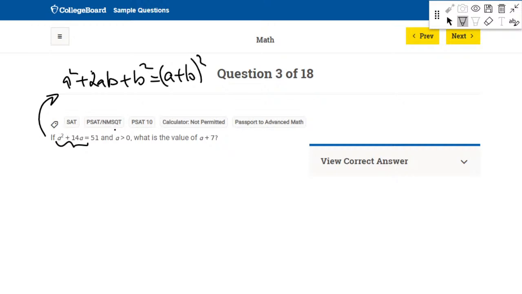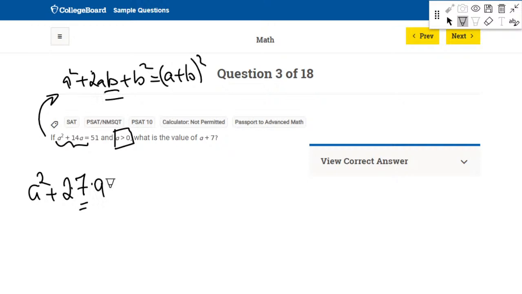And why did they give us that a is more than 0? Because there are actually two possible a's. One would be negative and one would be positive. So let's rewrite it. So we have a squared plus 14a. What is 14? 14 is 2 multiplied by 7 and multiplied by a. So I see that b here is 7.